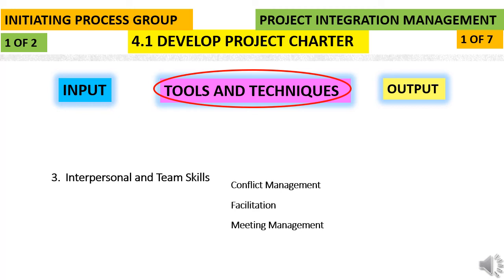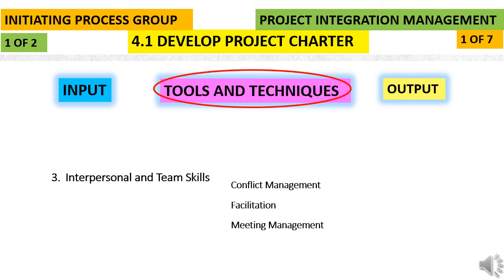The next one is facilitation. Facilitation is the ability to effectively guide a group event to a successful decision, solution, or conclusion. That means you're not leading but you're enabling the whole team to move towards the final goal by ensuring everyone participates, everyone understands, and everyone contributes within the team.